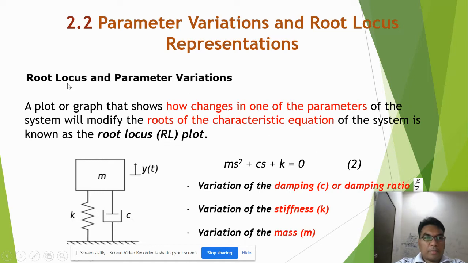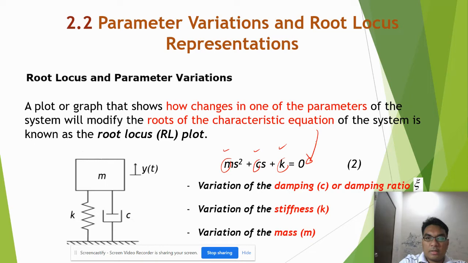It is on how you can plot different root locus with different parameter variations. A root locus is a plot or graph that shows how changes in one of the parameters, for example the mass, damping and stiffness of the system, will modify the roots of the characteristic equation, which has different values of m, c, and k.